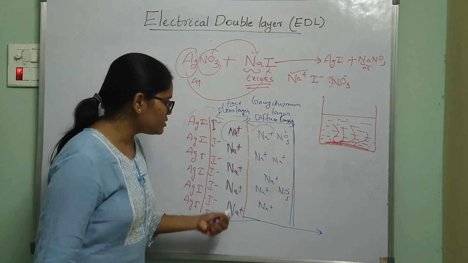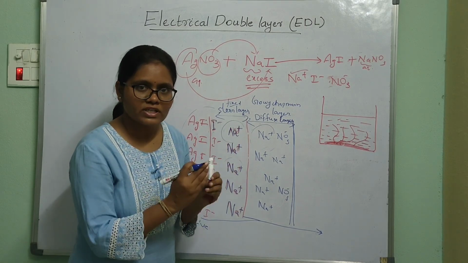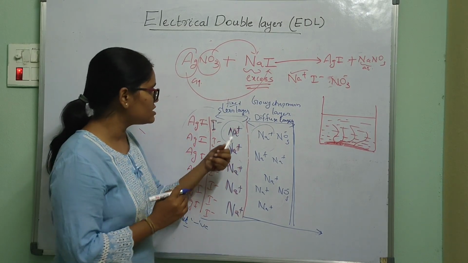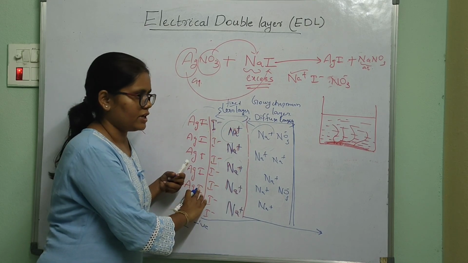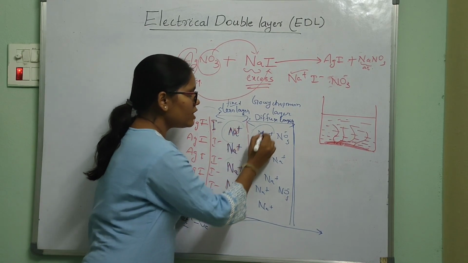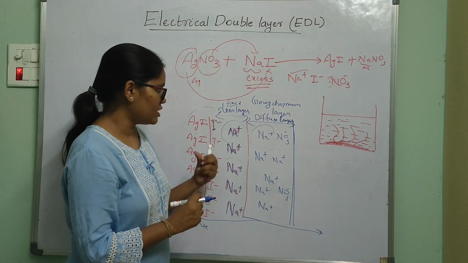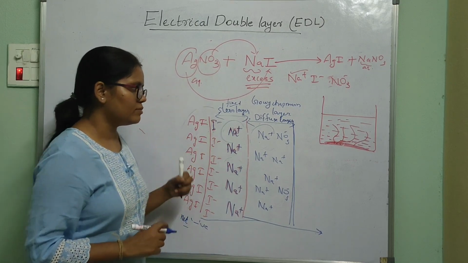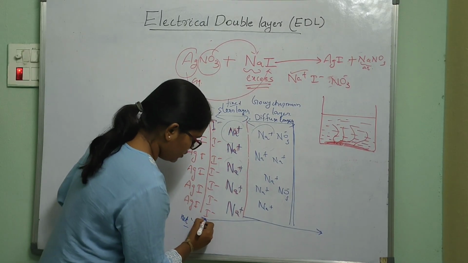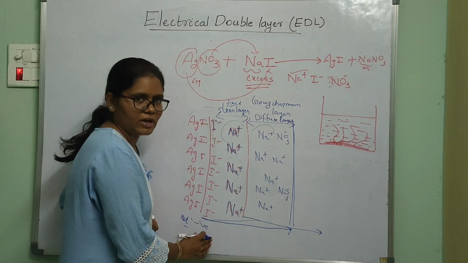But unlike the sodium ions in the Stern layer, where the sodium ions are fixed and their movement is restricted because they are strongly attracted by the negative charge on the colloidal particle, the sodium ions in the diffuse layer are not as strongly attracted as the sodium ions in the Stern layer because you have moved away from the surface of the colloidal particle.